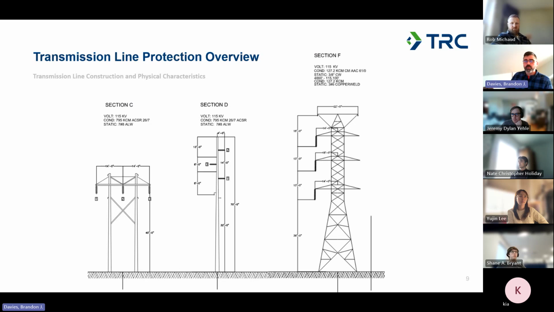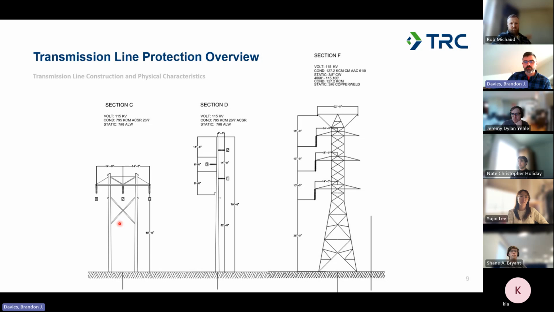So, going a little further into transmission line construction and characteristics, we've got a bunch of different tower styles, and this isn't going to have a huge impact on our protection, but it is going to have an impact on the electrical response of the system, how we model the transmission line electrically, and potentially what the failure modes of the transmission line may be based on physically how they're connected to the towers. So you can see on here, we've got a few different tower structure types.